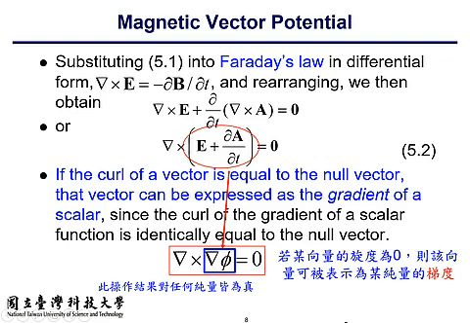You're supposed to ask the question, is that a legal process? Because we interchange the order of the two differential operations, right? We first take the curl of A, the spatial derivative.